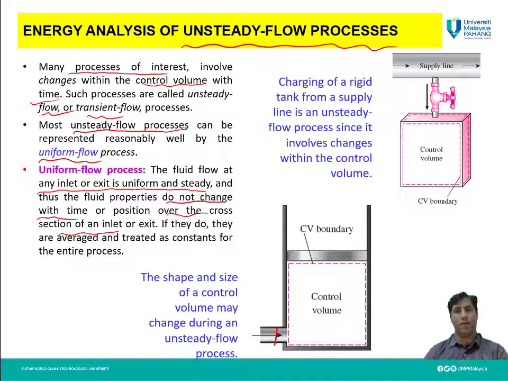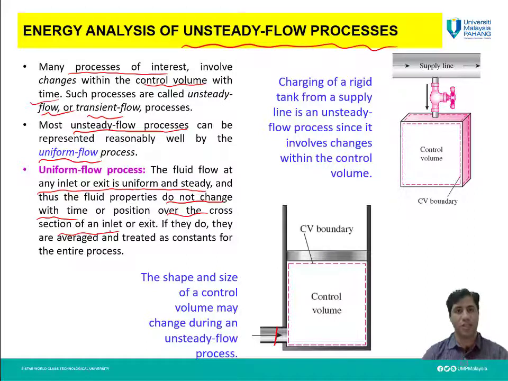However, the properties of the flow change with time, but we can assume that we have a uniform flow, which means that at the exit or at the entrance of the control volume, for just the cross section, the properties of the substance are constant and do not change with time, only for that cross section, not for the whole control volume.